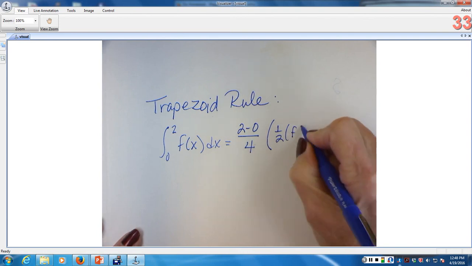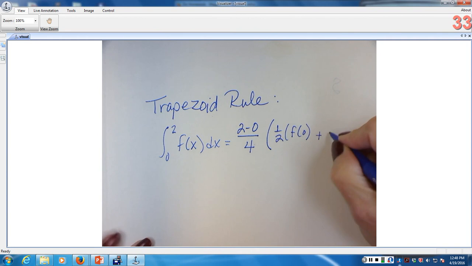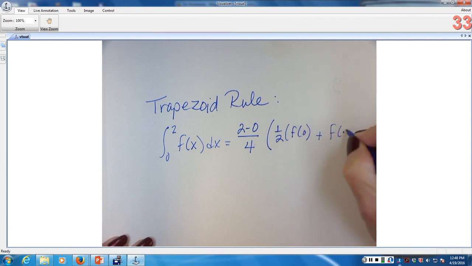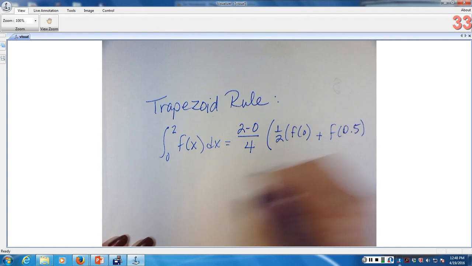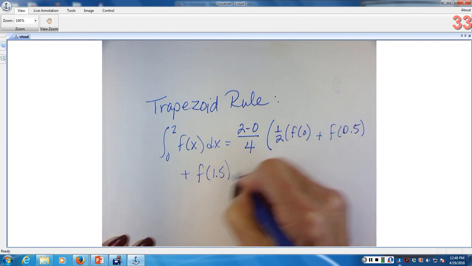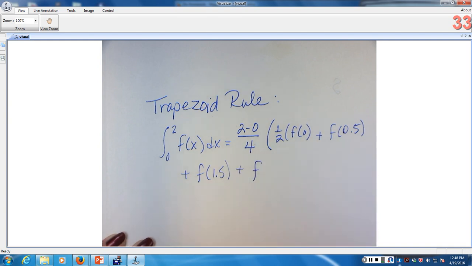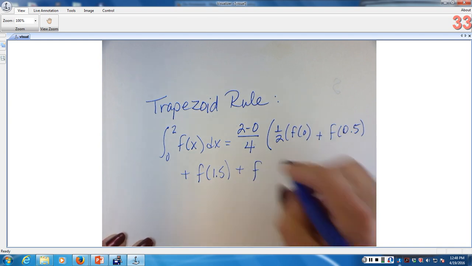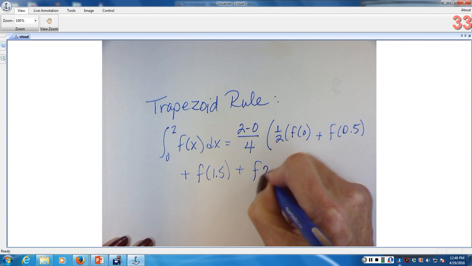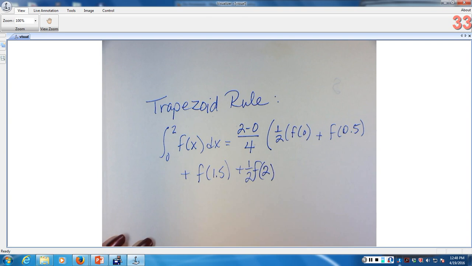So 1/2 times f of 0, plus f of 1/2, plus f of 1.5, plus f of 2, but f of 2 has to be multiplied by 1/2. The first and the last are multiplied by 1/2.